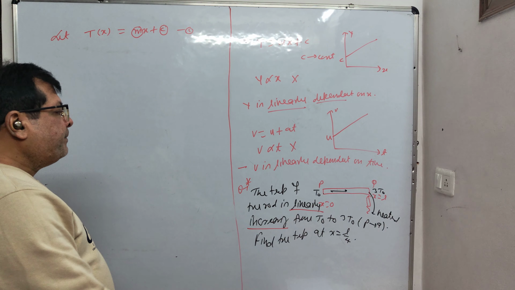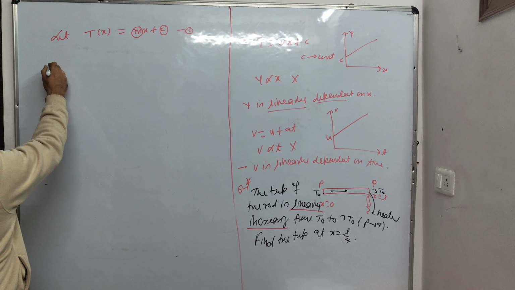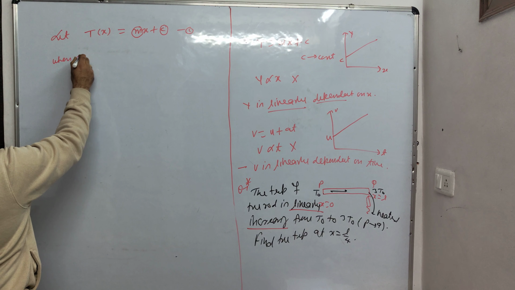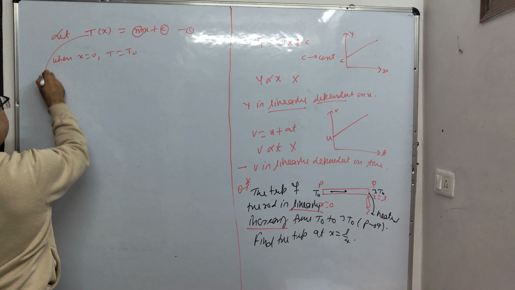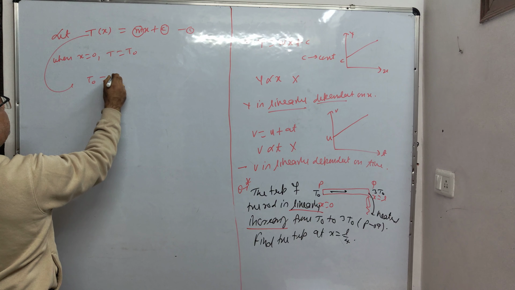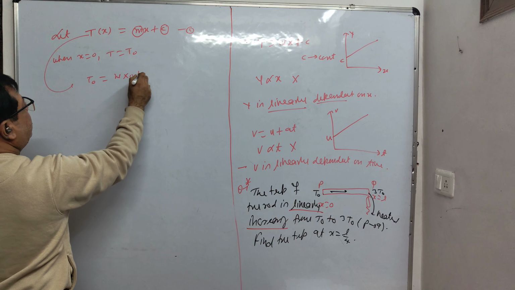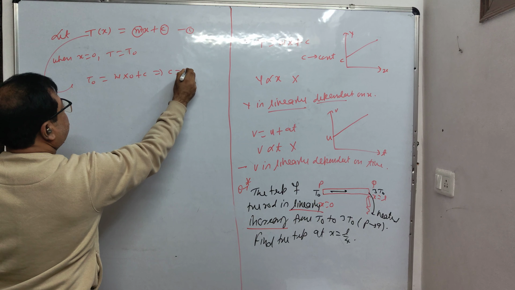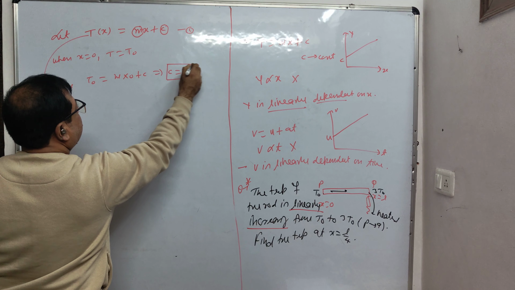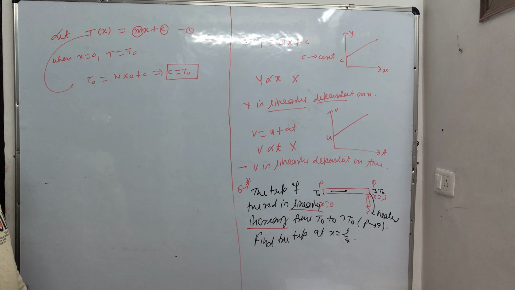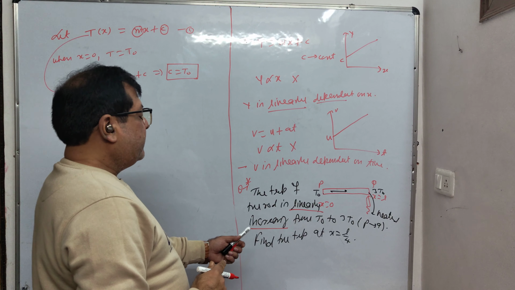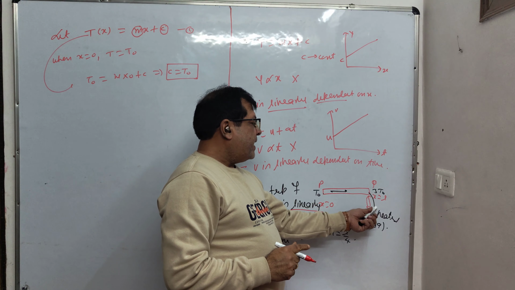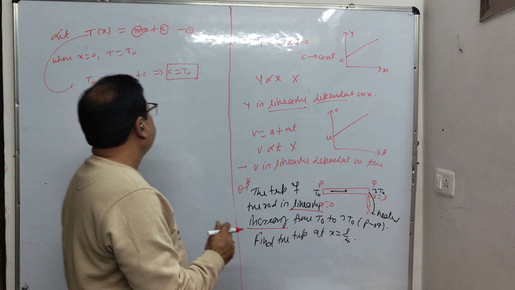So it is given to you that when x is equal to 0, the value of t is equal to T0. So T0 is m into 0 plus c. So that implies c is equal to T0. So we get the value of c. And also it is given that when x is equal to L, the temperature is 3 T0.